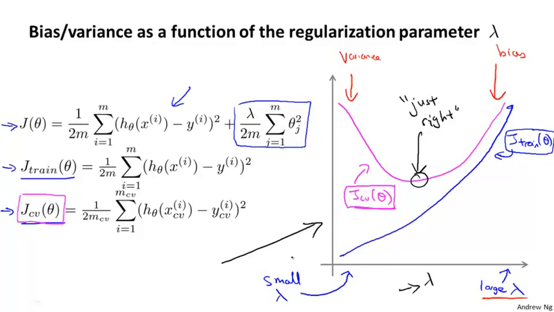By now you've seen bias and variance from a lot of different perspectives. And what I'd like to do in the next video is take a lot of the insights that we've gone through and build on them to put together a diagnostic called learning curves, which is a tool that I often use to try to diagnose if a learning algorithm may be suffering from a bias problem or a variance problem or a little bit of both.